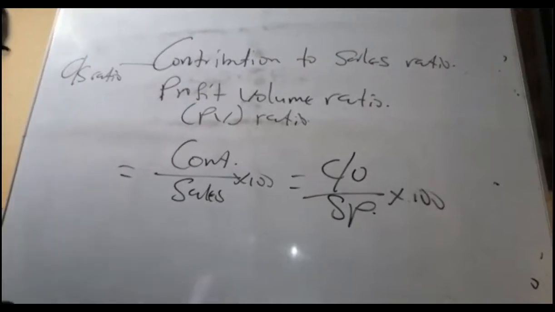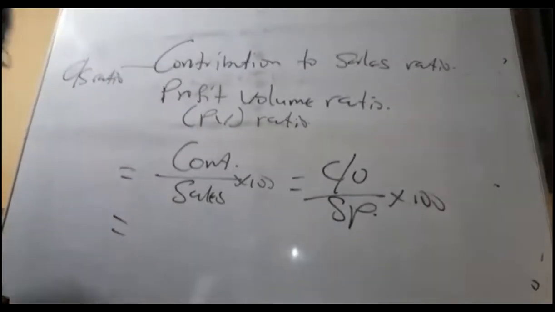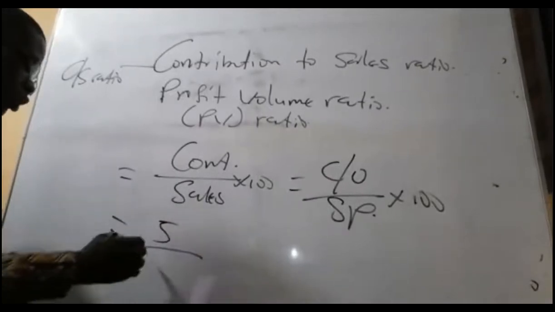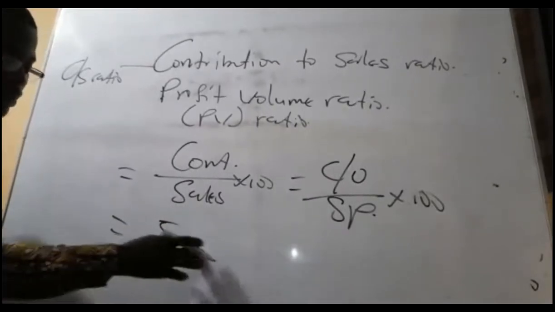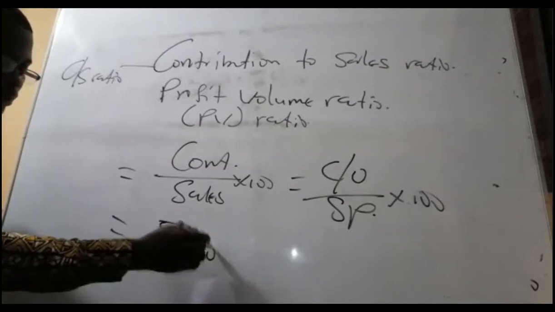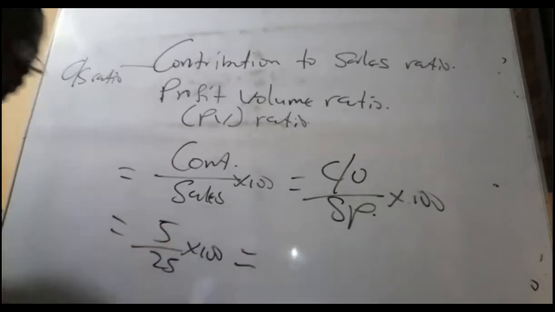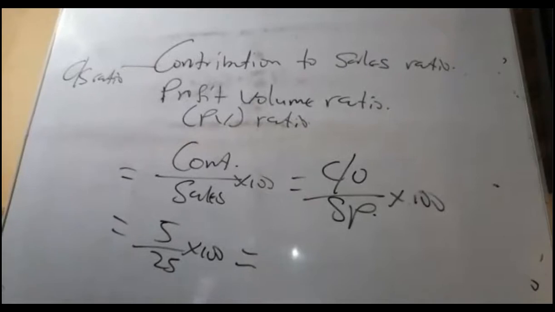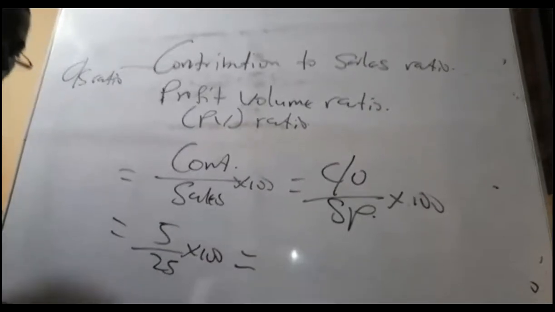So for this question, how do we get it? What's the contribution? We had 5. What's the sales? 25, right? Times 100, that is 5 over 25 times 100. That's 20%, right?